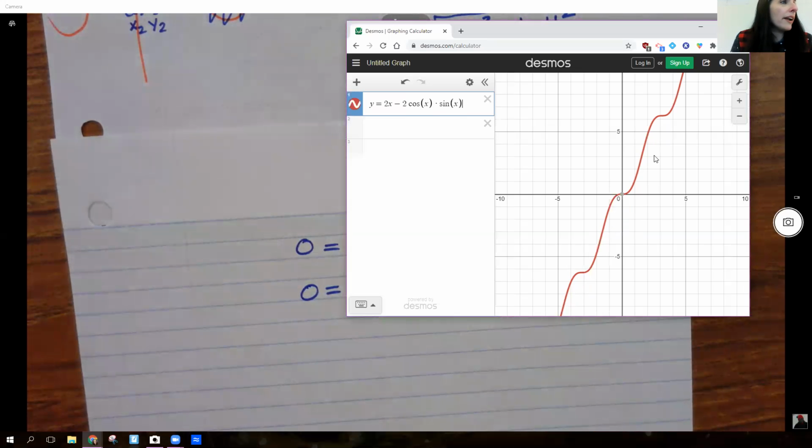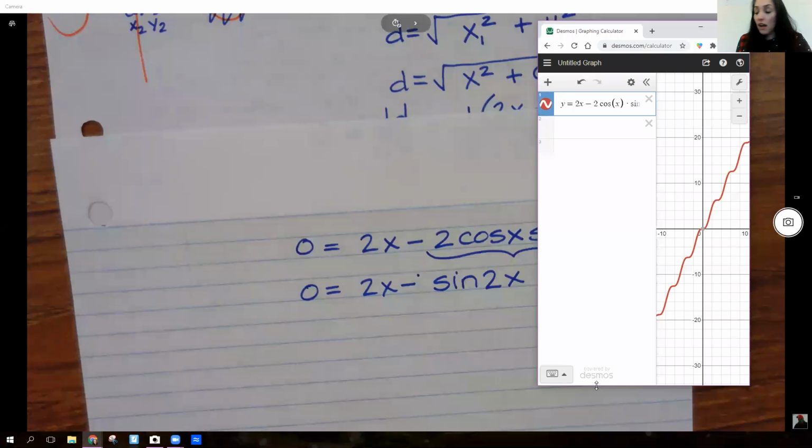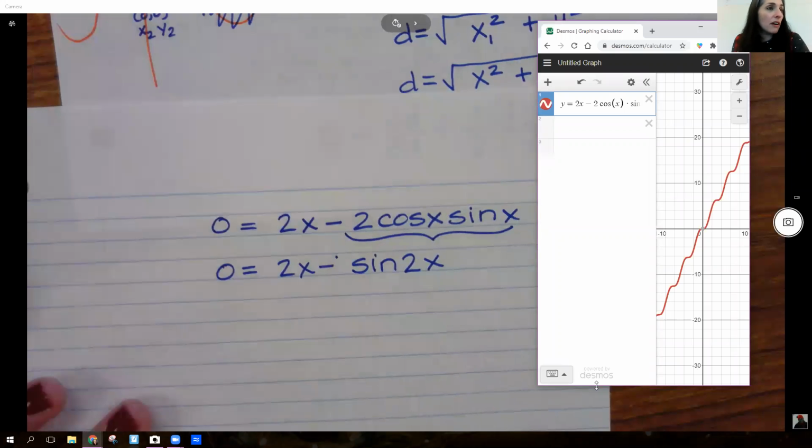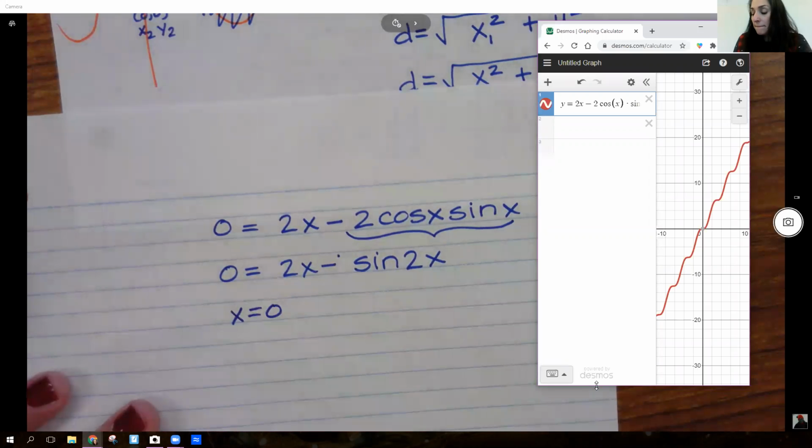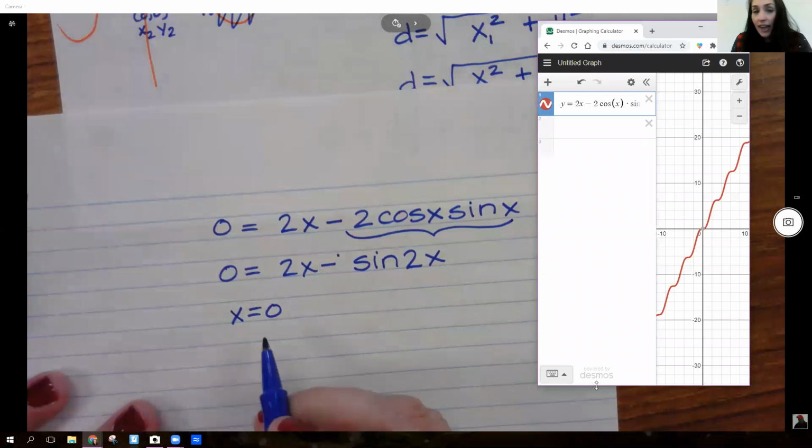All right, what a cool looking graph. How about that? So we're looking for the x-intercept. Well, the only one we got is 0. That would mean if our x-intercept is when x equals 0, then our point would have an x-coordinate of 0.